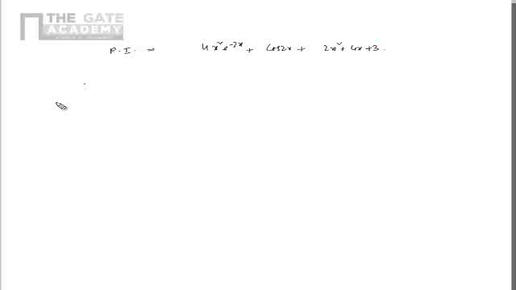So the complete solution is y equal to the complementary function plus the particular integral. That we have already found out: (c1x + c2) e^(2x), or (c1 + c2x), whatever way you want to consider, plus the particular integral terms.